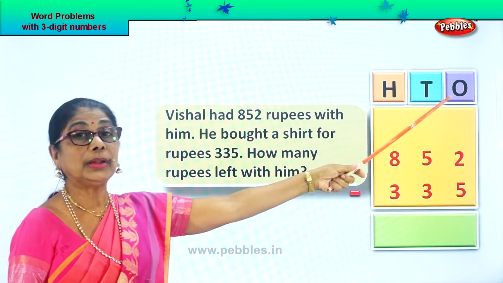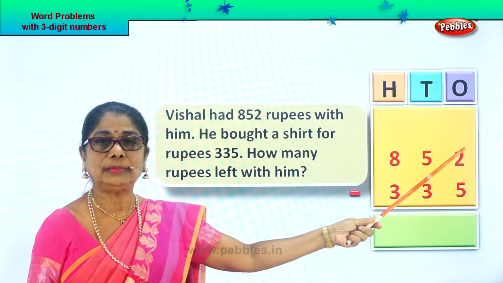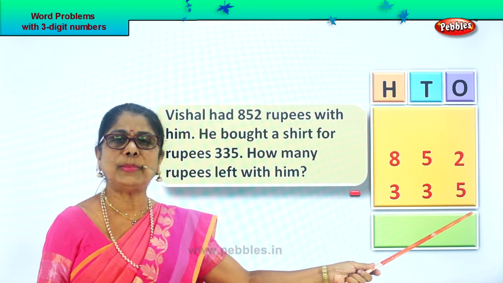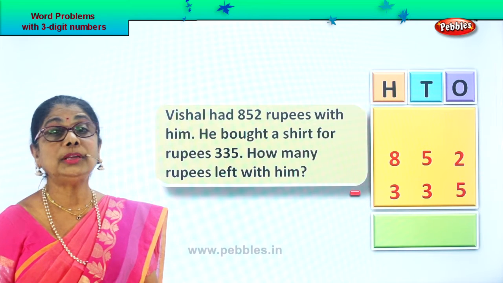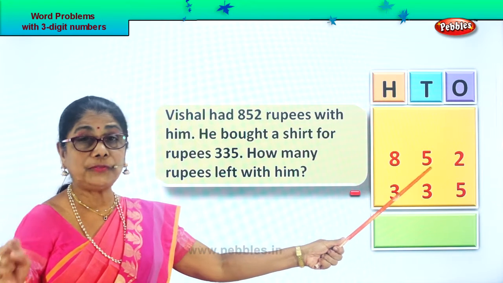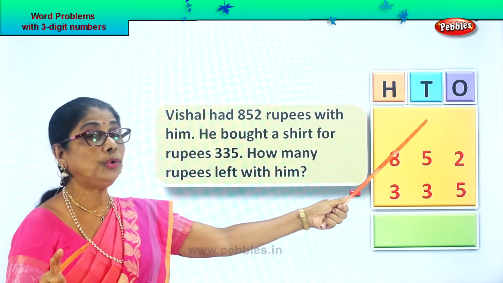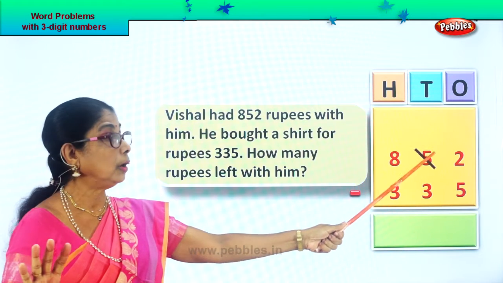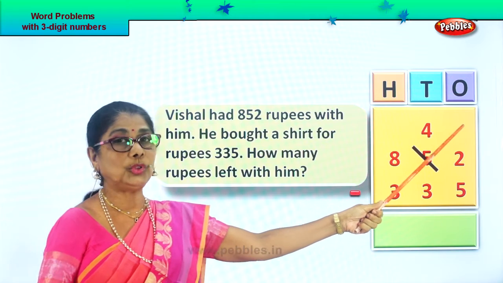Let's go over it. In the ones place you have 2 and 5. 2 minus 5 you can't, because 2 is a small number. Here we are going to borrow 1 from 5 tens, so we are left with 4. We write the 4 tens on top and take this 1 ten to the ones place.